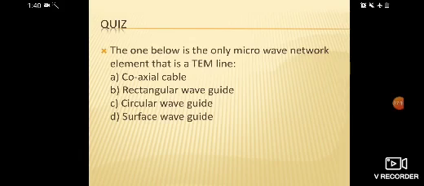The first one is coaxial cable, the second is rectangular waveguide, the third is circular waveguide, and the fourth is surface waveguide. So what is the answer? A, that is coaxial cable. The coaxial cable is the only microwave network element that is used as a TEM line. This is the answer.